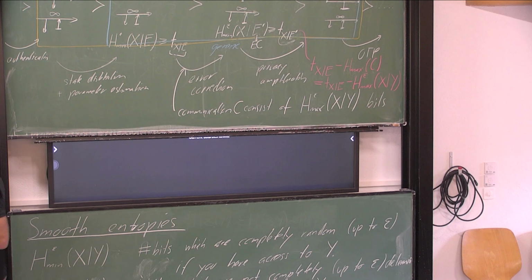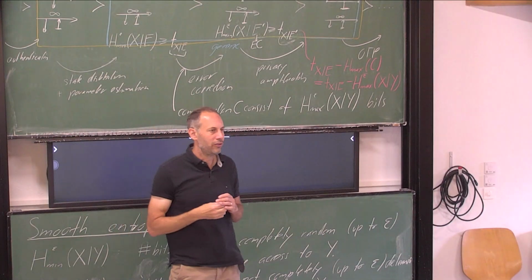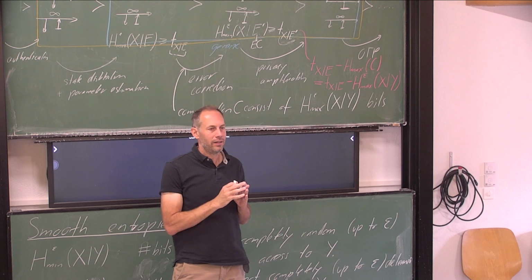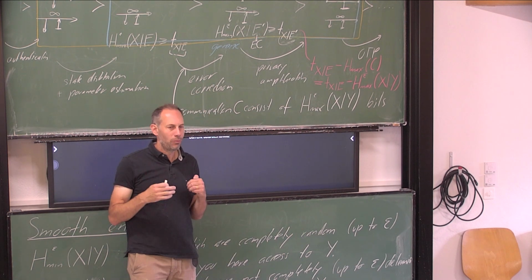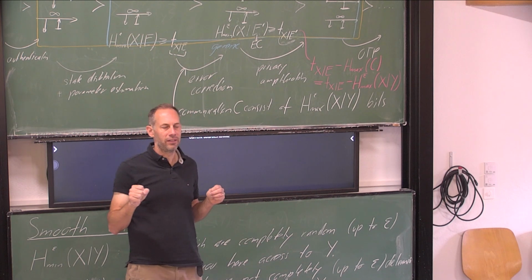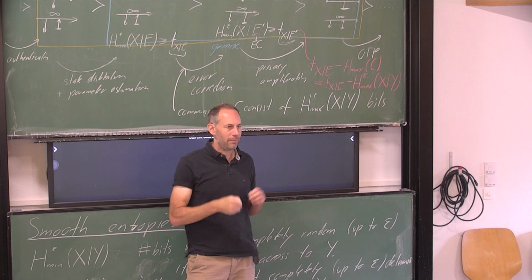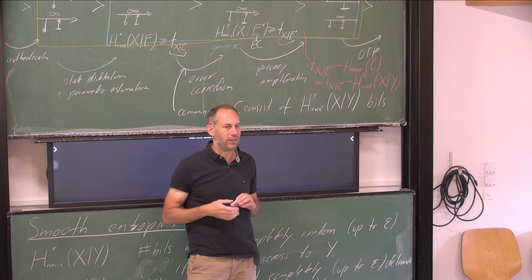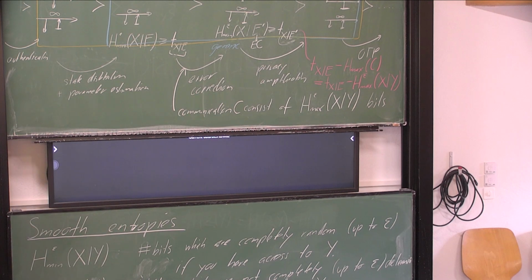I showed you the asymptotic equipartition property before, which says that for an IID state, the min entropy is related to the von Neumann entropy. The entropy accumulation theorem tells you that even if the state is not IID but satisfies certain Markov type properties, you still have this property very roughly. So that's what it does.